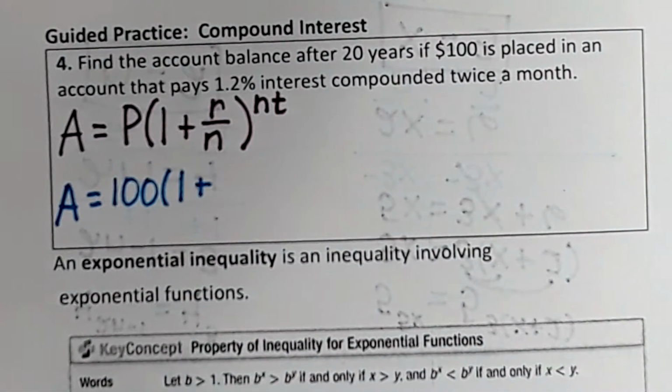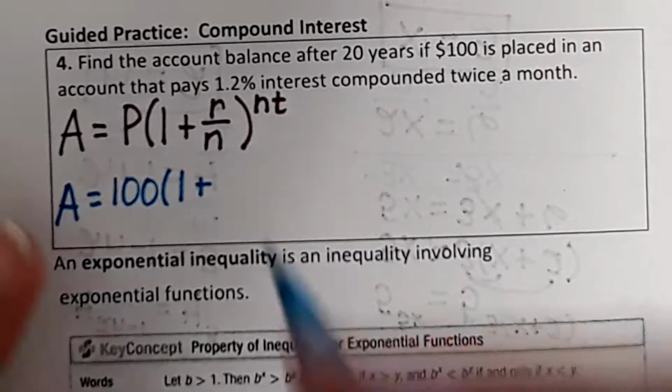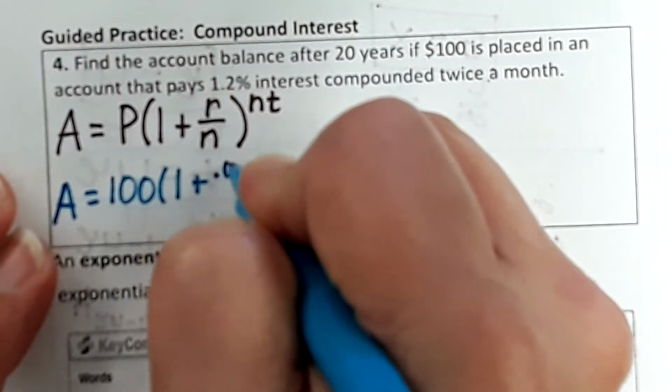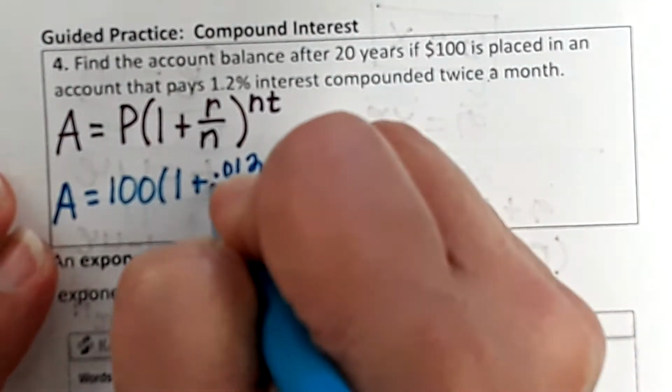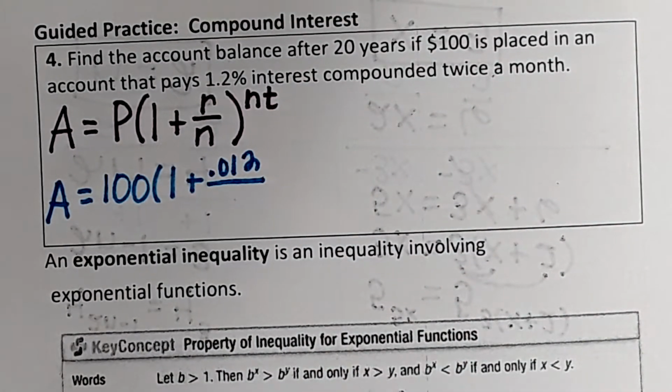What is our rate? So 1.2%, how do we write that as a decimal? 0.012. N is how many times is it compounded? So how many times are we earning interest in this year?